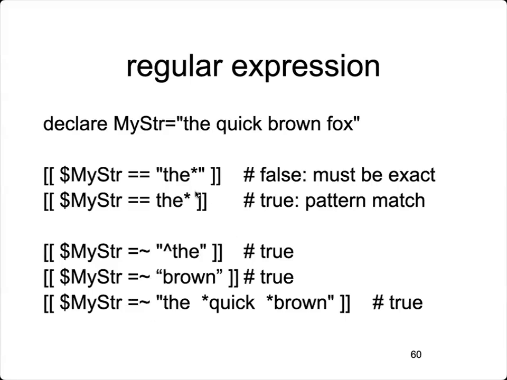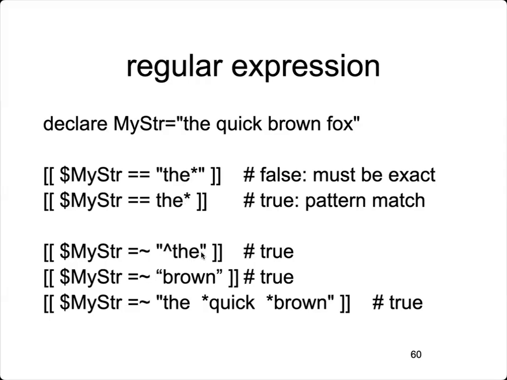So without regular expressions, this is false because it has to be exact. This is true because it's doing a globbing comparison of the string where asterisk is a wildcard. Now down here, this is true because we put in the caret to say the beginning of the line is the.